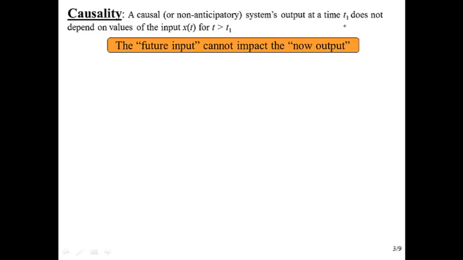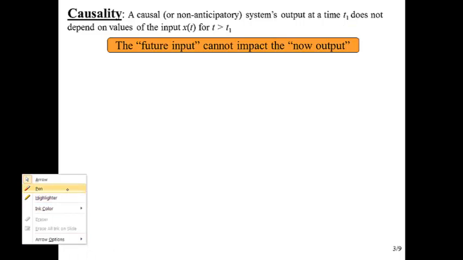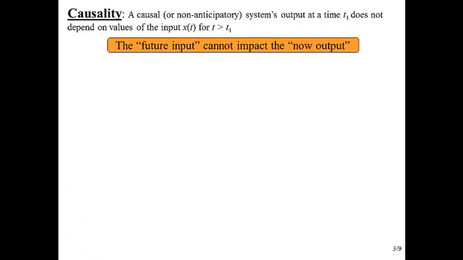So a causal system, also called a non-anticipatory system, you can see why we settle on causal instead, basically says that the output of a system at some time, say t1, does not depend on any values of the input that are in the future of t1.